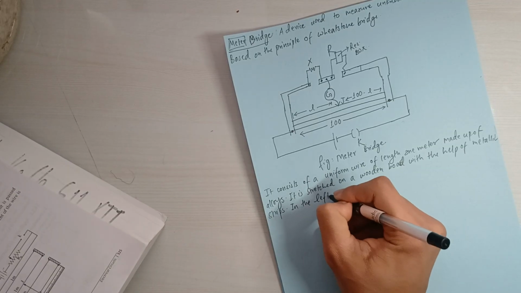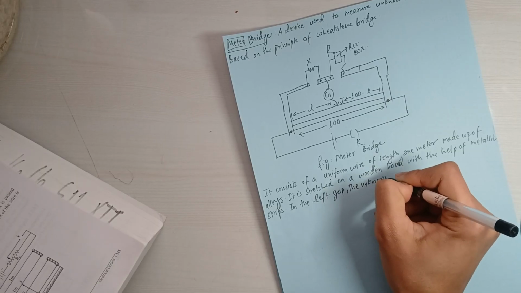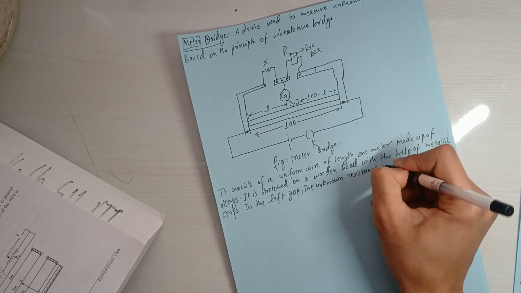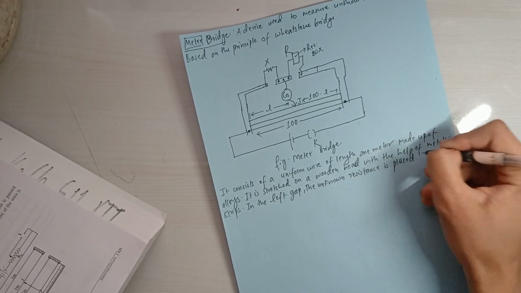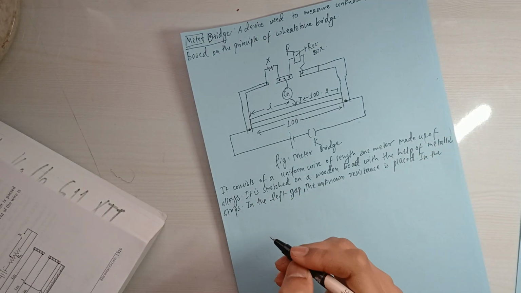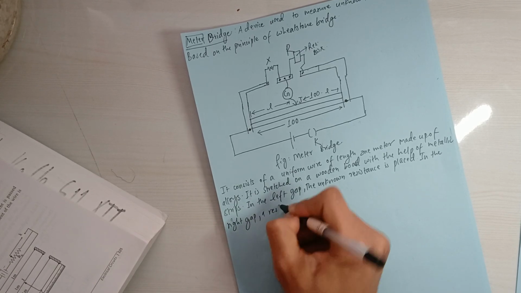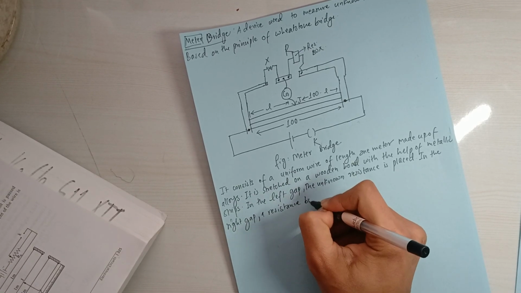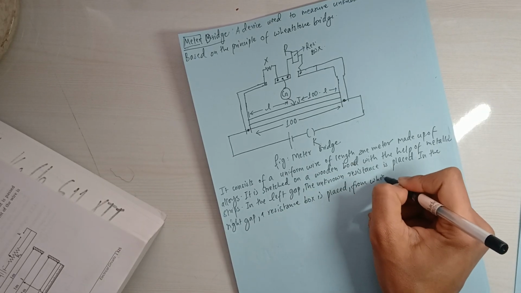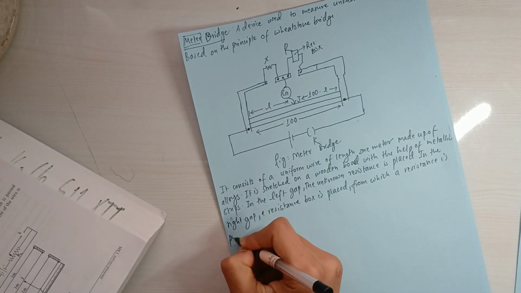In the left gap, the unknown resistance is placed. In the right gap, a resistance box is placed, from which a resistance is pulled out.